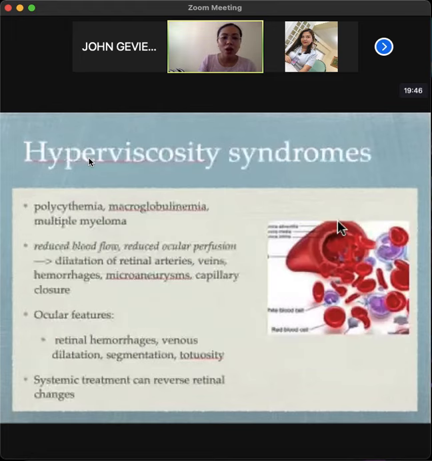Hyperviscosity syndromes, you have viscous blood due to the cells. So hyperviscosity syndromes would include your polycythemia, macroglobulinemia, and multiple myeloma. Because of viscosity, there is reduced blood flow and reduced ocular perfusion.